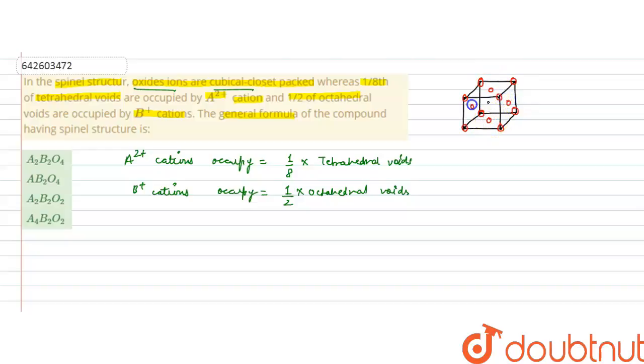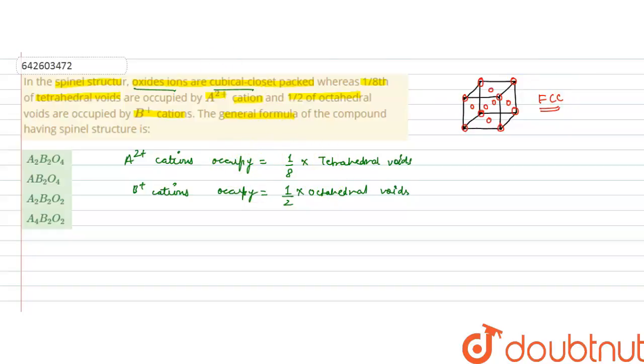So as there are 6 faces, these are present at the face centers of the faces. Now it is given that oxide ions are cubical close packed. So it means oxide ions are present in the FCC and the cations would occupy the voids.